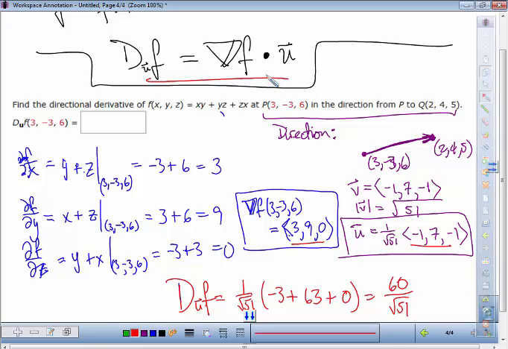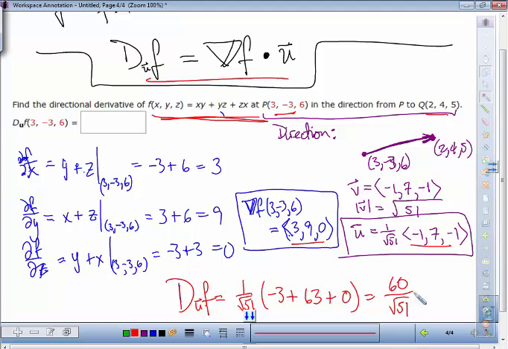There's one problem that I normally like to give: if you're an insect flying around in space, and the temperature of this space is given by a function of 3 variables, depending on where you are in space, and you fly from one point to another point, what is your rate of change of temperature?